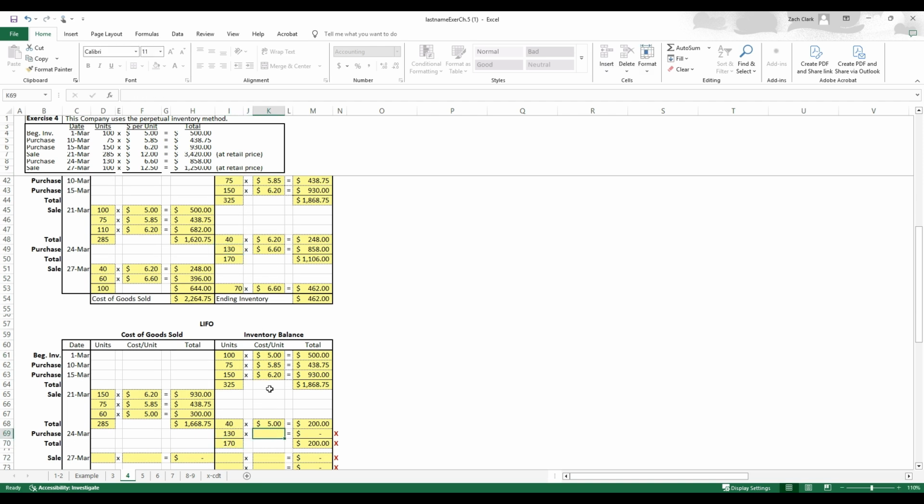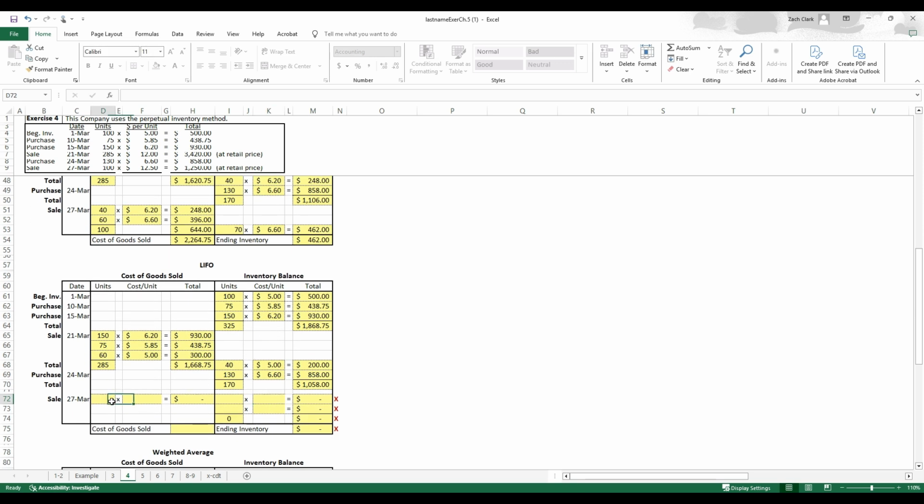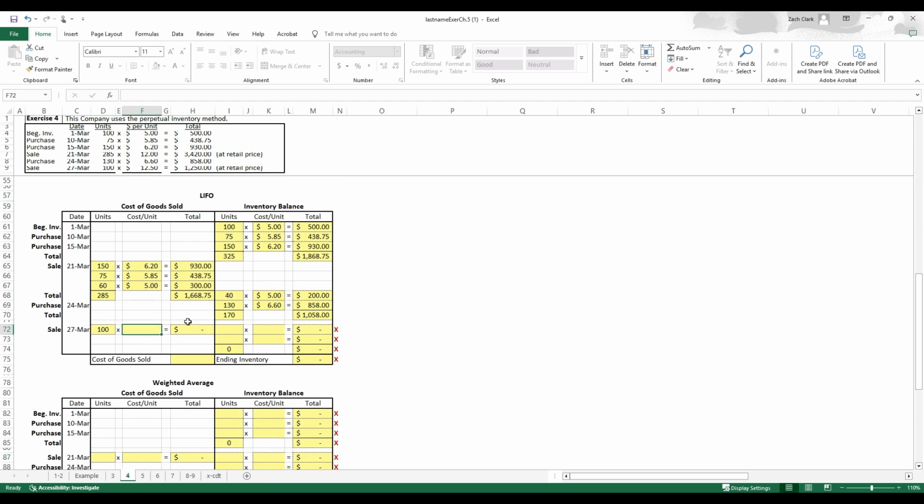Okay, and then we purchase 130 more. Same as FIFO, but then when we have the sale, how many are we doing? 100. Okay, so we're doing 100 units. We don't even need to do an addition because all those units can just come from this last layer. We do have layers left over.